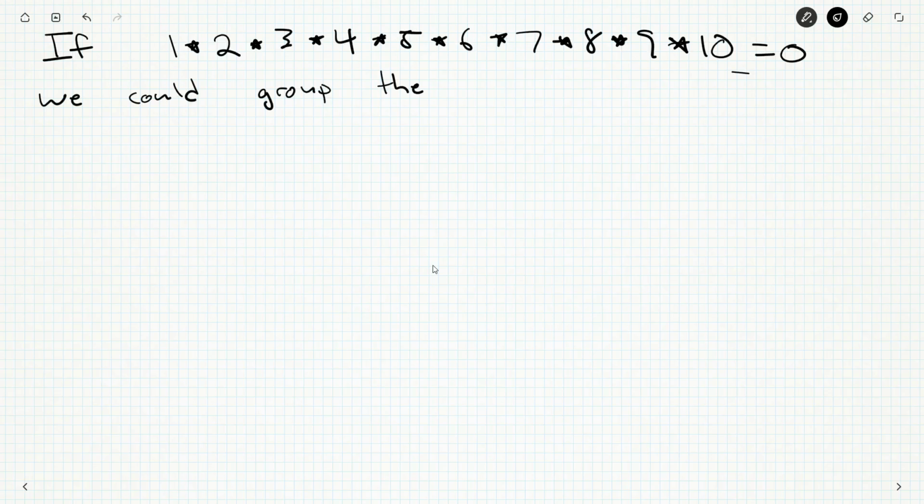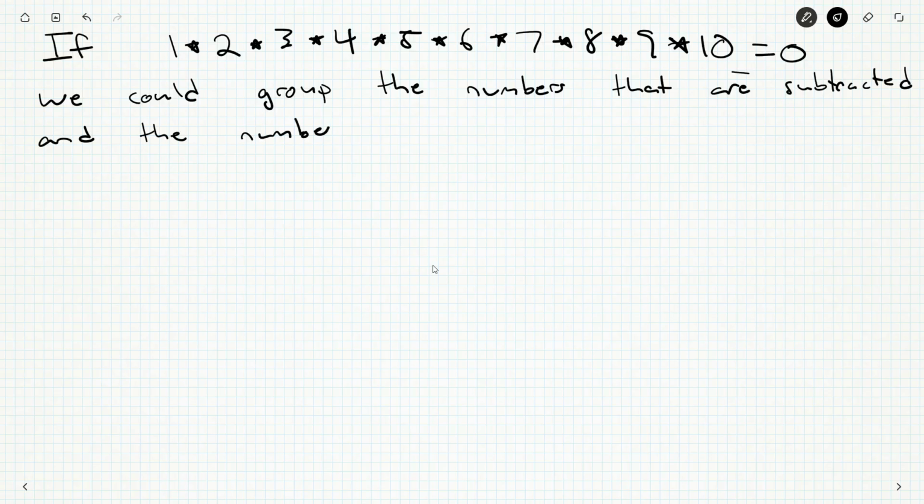I could rearrange, I could group the numbers that are subtracted and the numbers, including 1, because 1 is always sort of there's always secretly a plus in front of him, including 1, that are added.